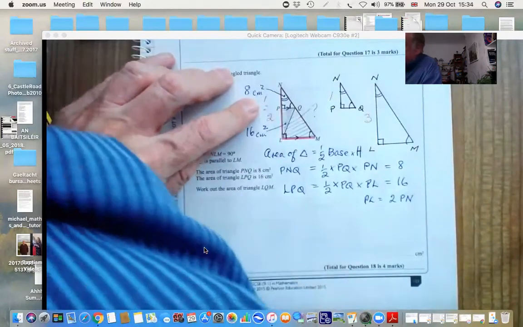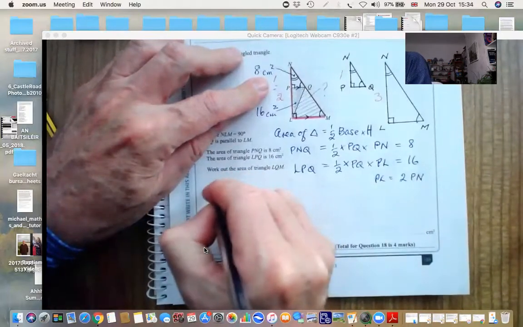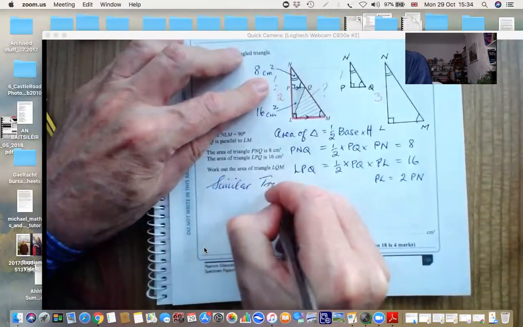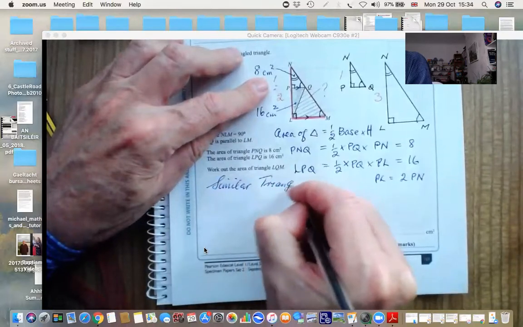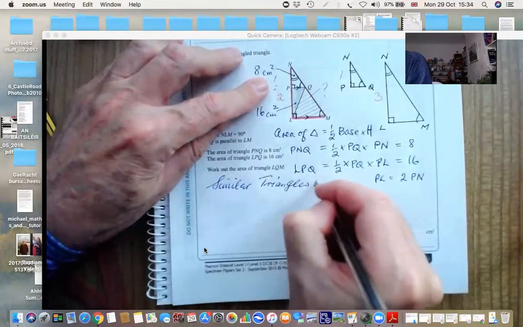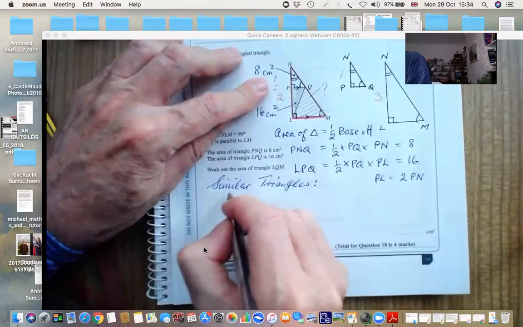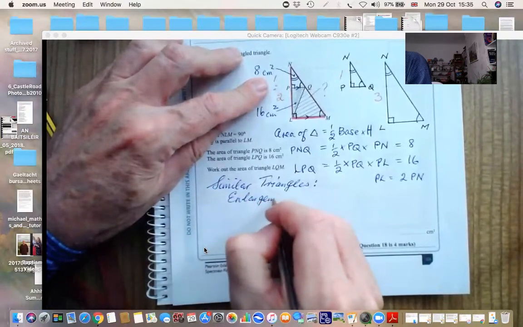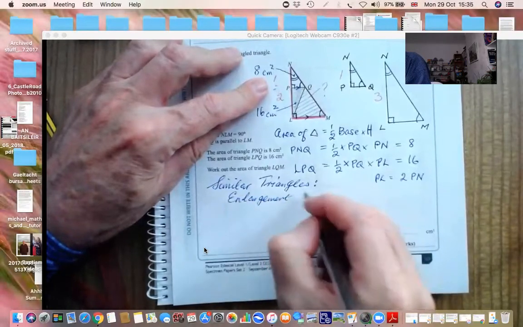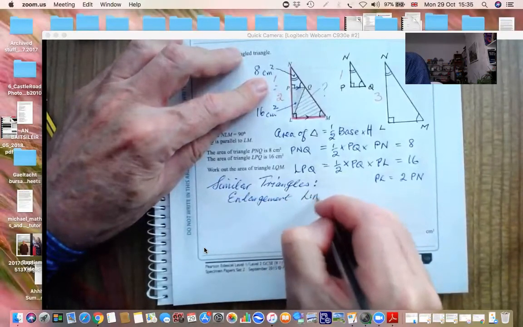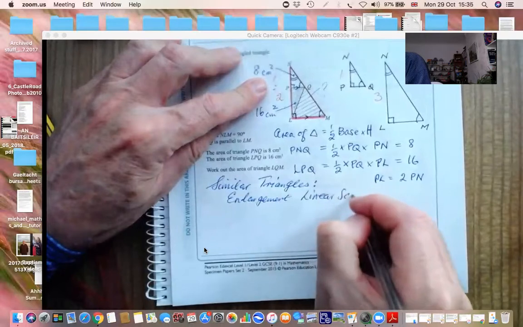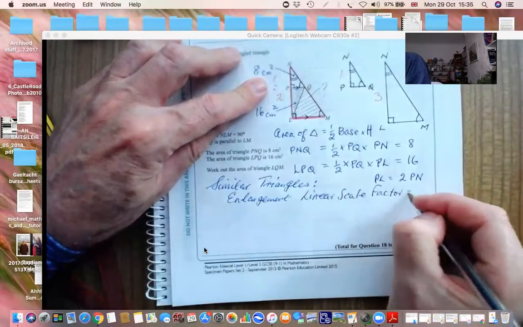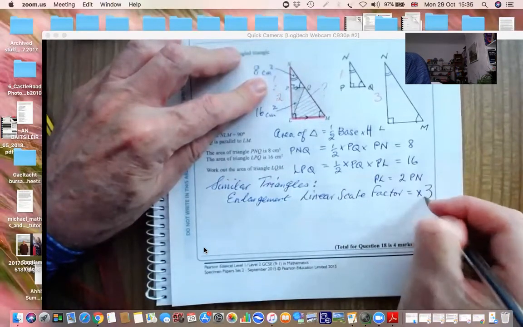So our similar triangles then. For similar triangles, the enlargement scale factor, linear scale factor, is equal to times 3.